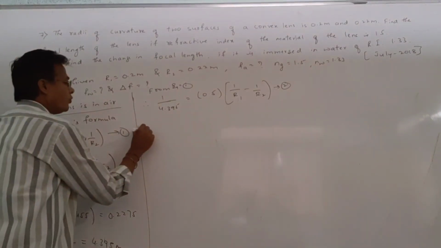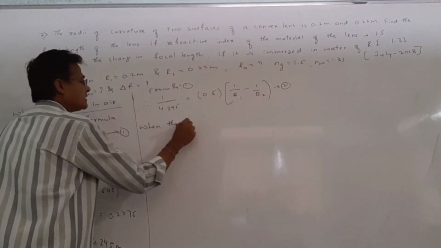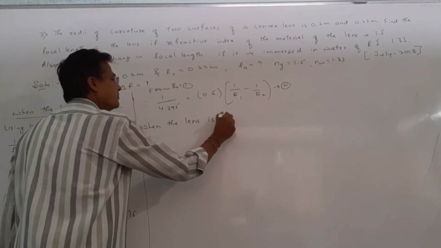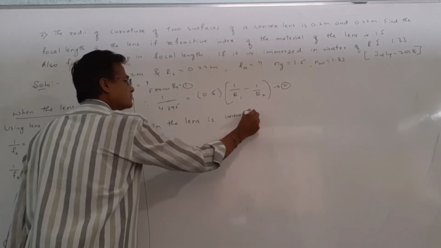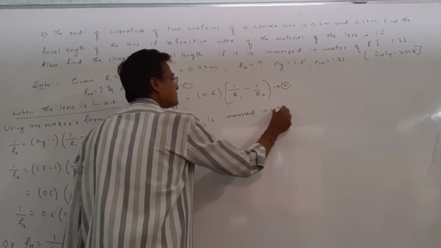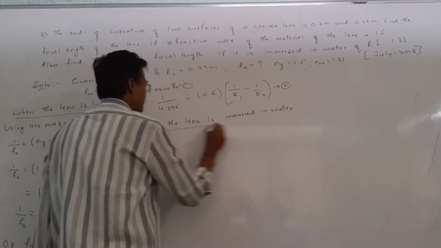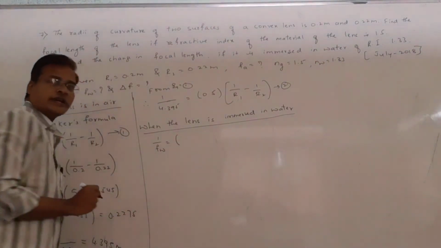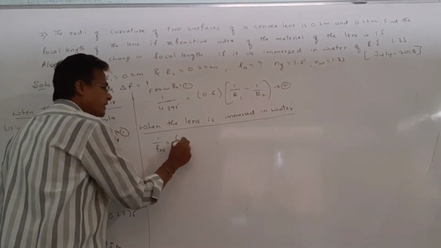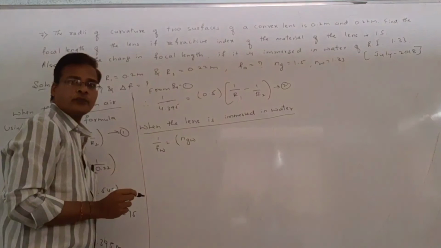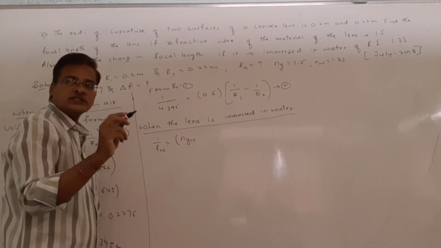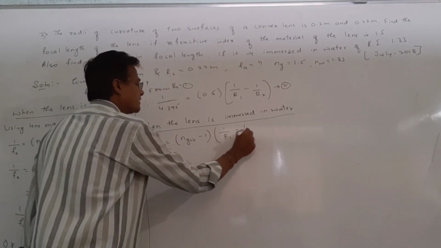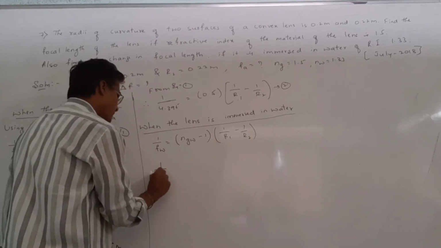Okay. So now when the lens is immersed in water, 1 by FW equal to, so again what we are getting now? The refractive index of glass with respect to water. So NGW minus 1 bracket 1 by R1 minus 1 by R2. 1 by FW we have to find out.